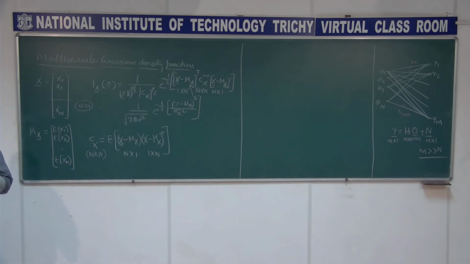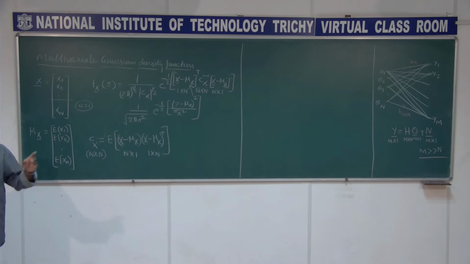So as usual, we are interested in doing the estimation, and we know how to do it. There are major ways of doing that. One is minimum mean square error estimation, and you have minimum mean absolute error estimation, and then we have MAP. So in all the cases, what matters is the posterior density function.